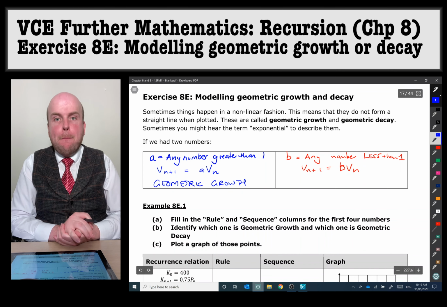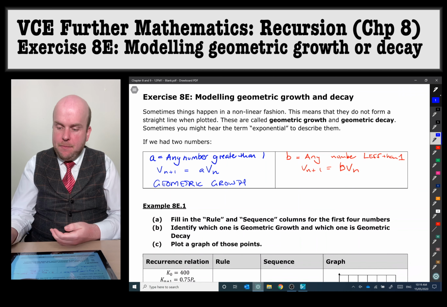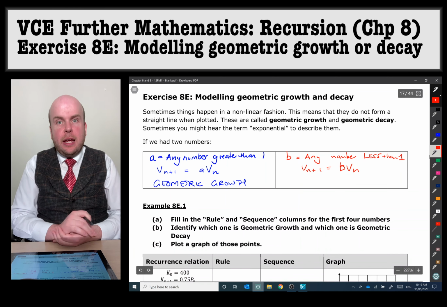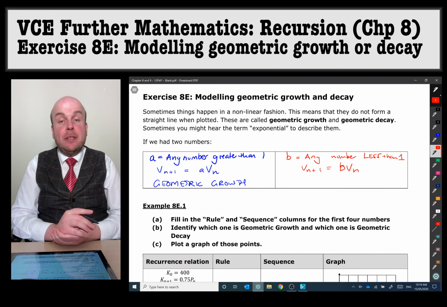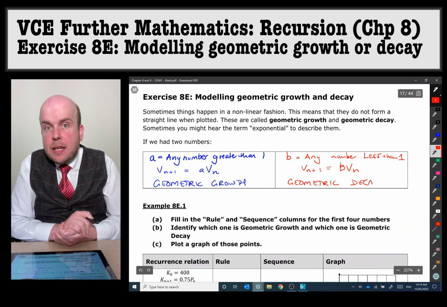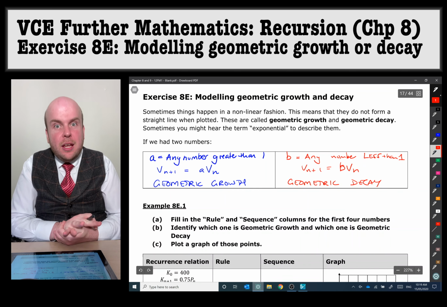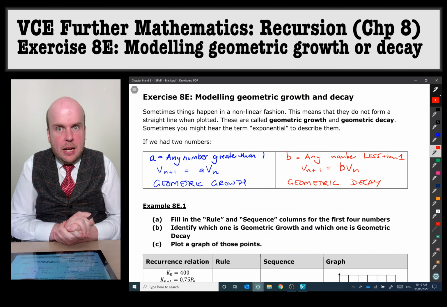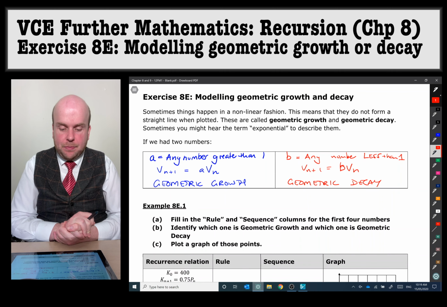If I've got some number B being less than 1, and I do the same thing, I multiply by Vn, what happens is that it will decrease, and this will be geometric decay. Fun fact, if the number was equal to 1, we'd get nothing. It would just mean that it would stay the same.